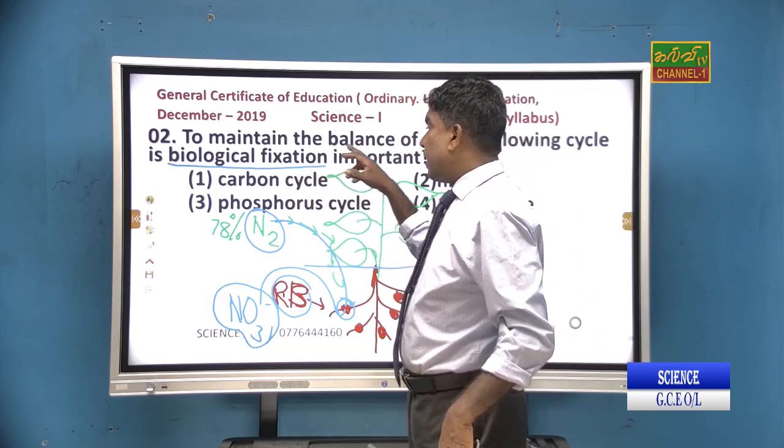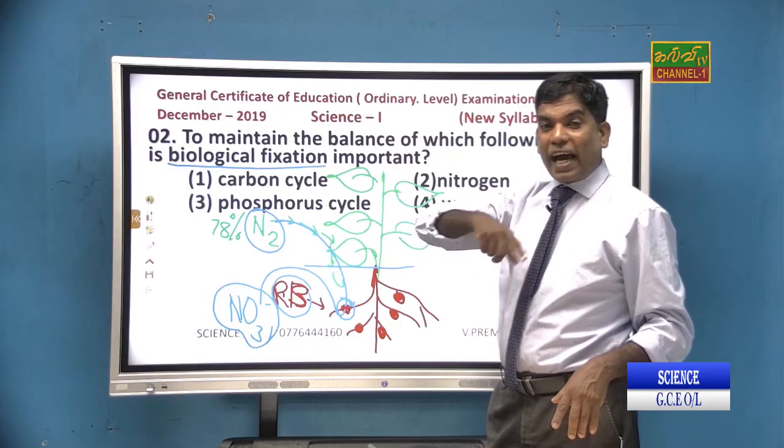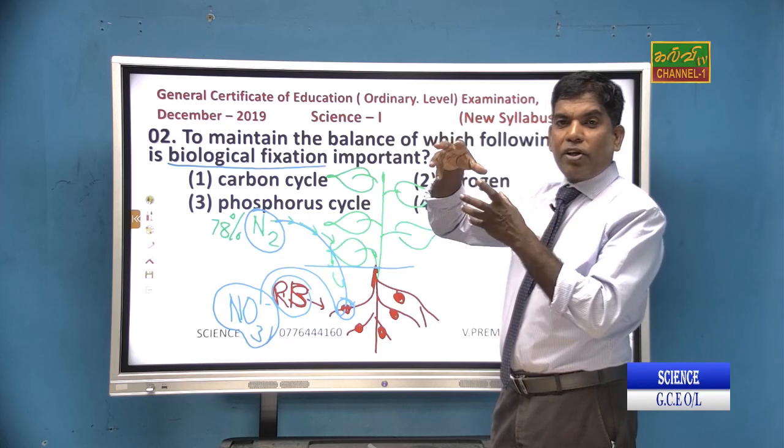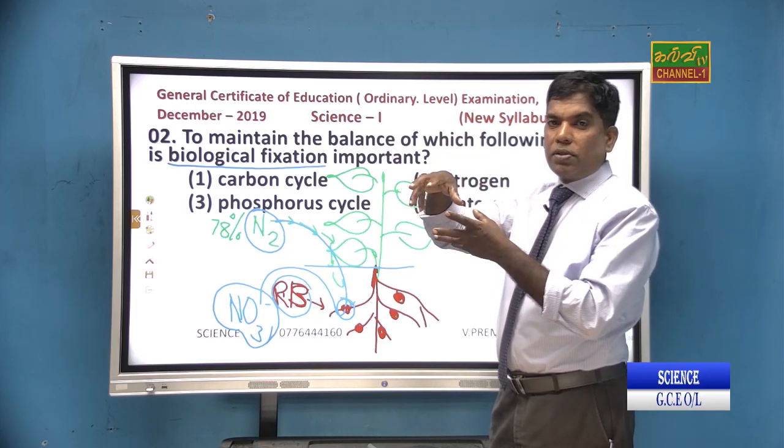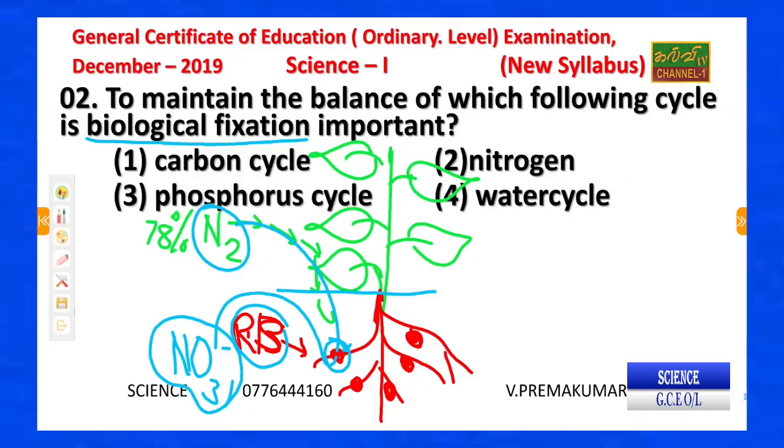Anyway, in nitrogen fixation, in the nitrogen cycle, those kinds of microorganisms are involved. So here, to maintain the balance, which following cycle is biological fixation important for?